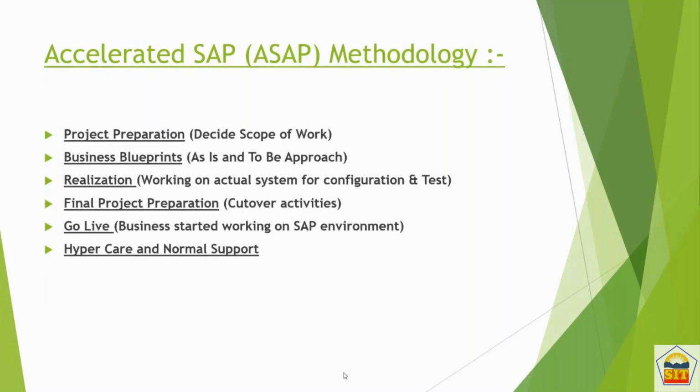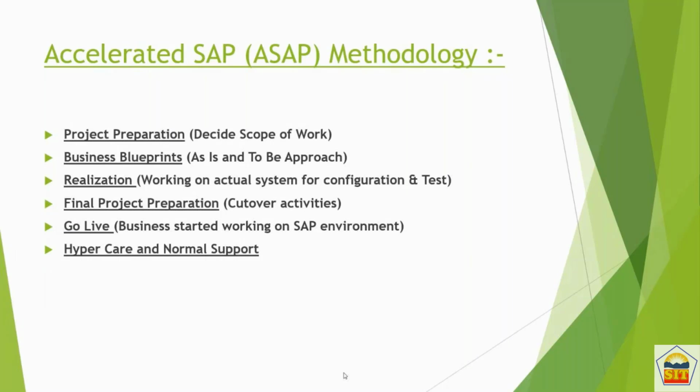So for example, they have 50 legal entities, and management has decided that only 10 legal entities would be part of this SAP implementation. Then our scope of work will be for those 10 companies. We should not concentrate on the remaining 40 companies which are not going to be part of it.